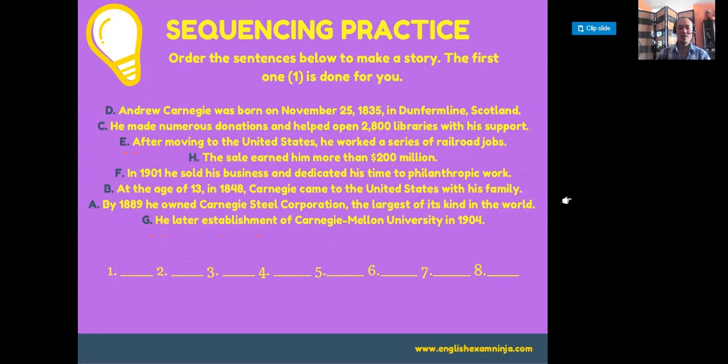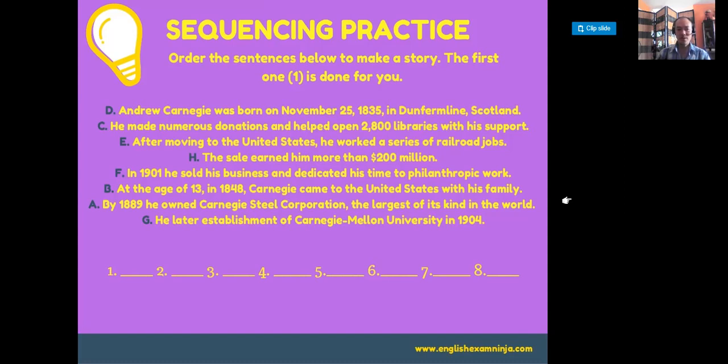Andrew Carnegie was born on November 25th, 1835 in Dunfermline, Scotland. He made numerous donations and helped open 2,800 libraries with his support. After moving to the United States, he worked a series of railroad jobs. The sale earned him more than $200 million.